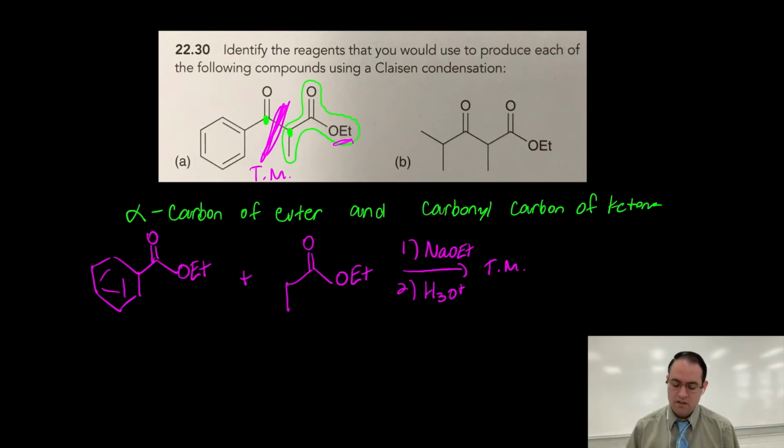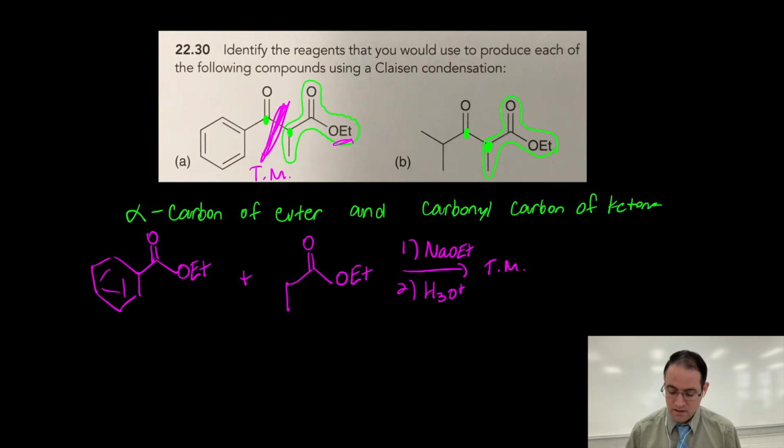Okay, so let's go through the same process again, and I'll explain it again how to identify things. So first, you want to identify the ester. Okay, that is the alpha carbon of the ester.